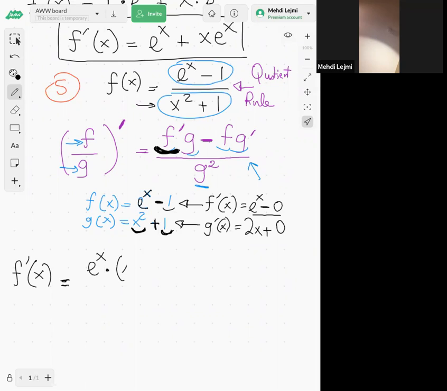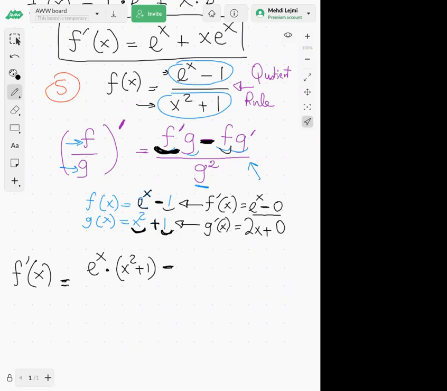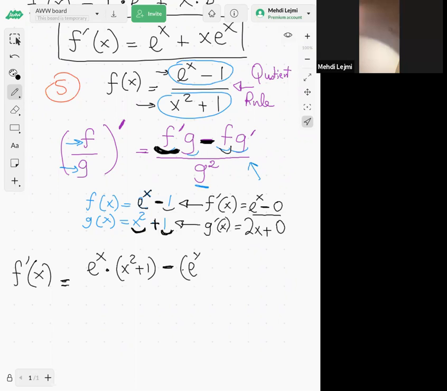So here's my x squared plus 1. And there's a minus. In the quotient rule, we have a minus in the top. So this is minus f. f, again, that's the top, that's the e to the x minus 1, times g prime, derivative of g. So this is g, and this is g prime.